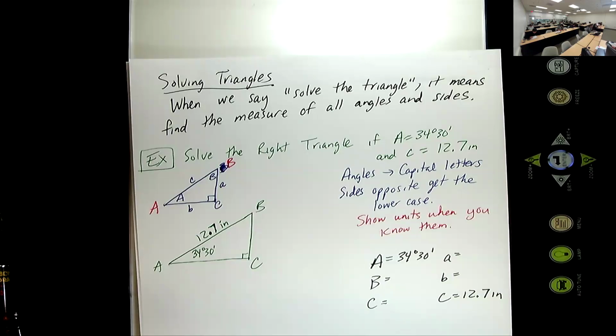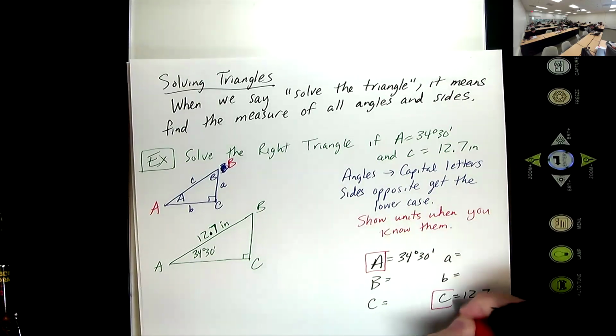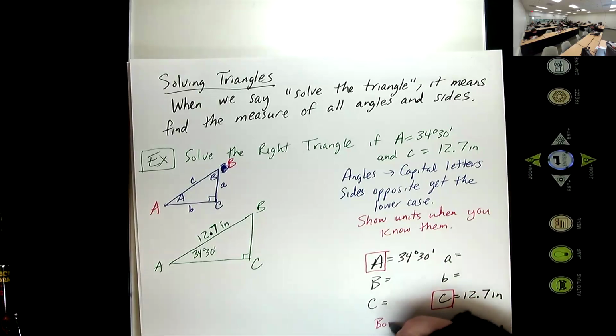And a pro tip that isn't really necessary to be exact is put a box around the ones where they're given information. Box the letters that are given information.